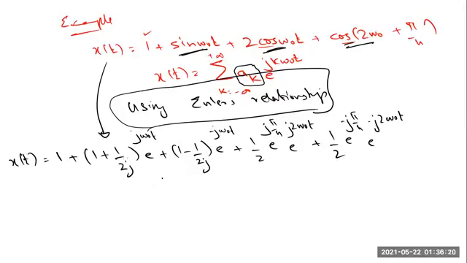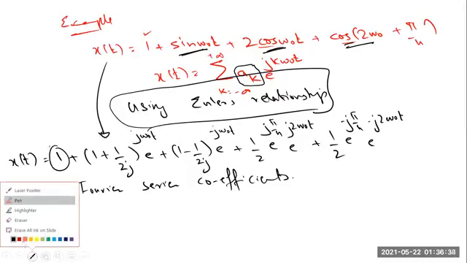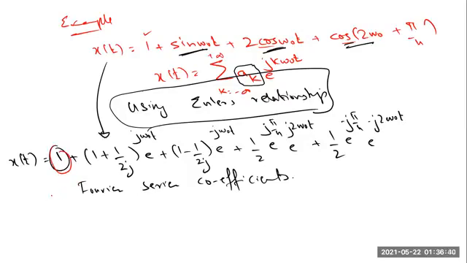And now you can easily find out what the Fourier series coefficients are. This one is A naught. This one is A1.